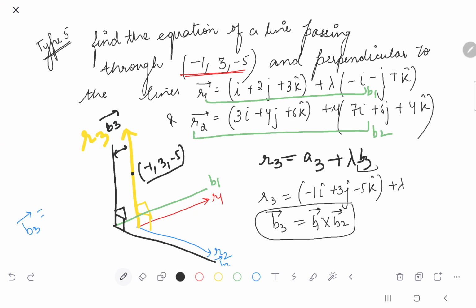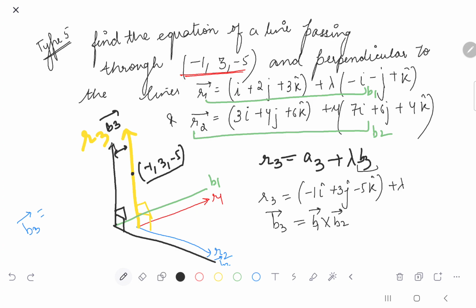So, what does that mean exactly? You tell me. If I have to find the third vector B3, because obviously, if I have to find out R3, the equation of this yellow line, this yellow line has to be parallel to some vector. So let us suppose that vector is going to be B3. This one. Yes or no?